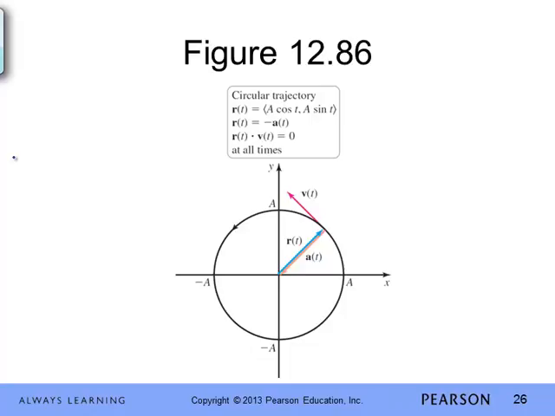But then this is going to be 2 times R prime of t times R of t, magnitude thereof, is equal to 0. So what does that say about the relationship between R prime and R? We have a good discussion of this.